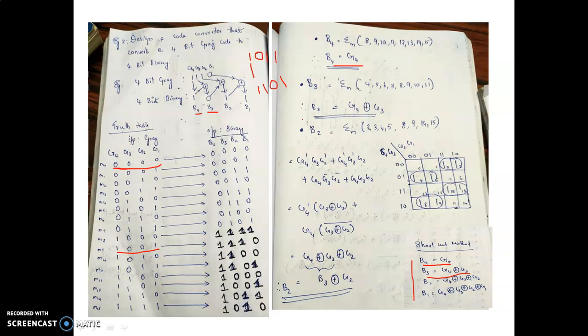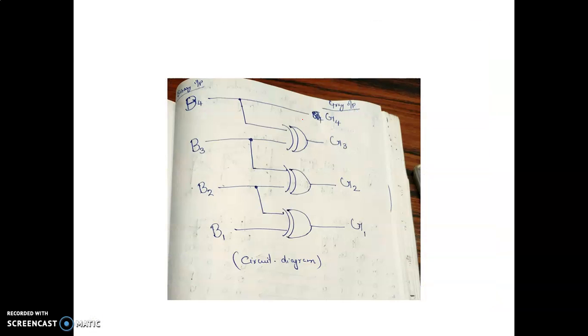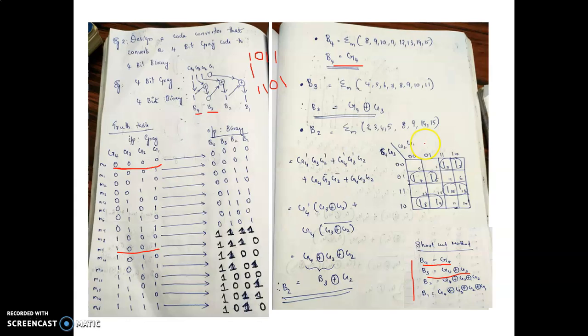There, 4, 5, 6, 7, 8, 9, 10, 11 when plotted on the K-map gave B4 XOR B3. Similarly, when you plot this on the K-map, what you will get is G4 XOR G3. So you obtain the result B3 as G4 XOR G3, and then your B2.